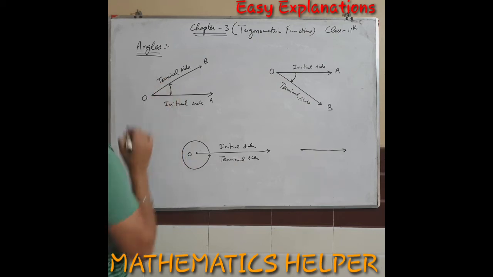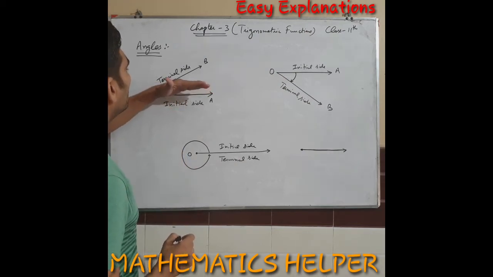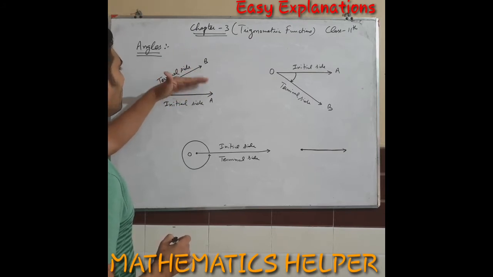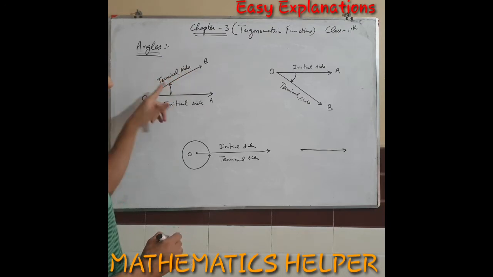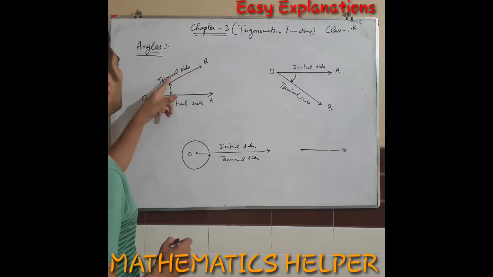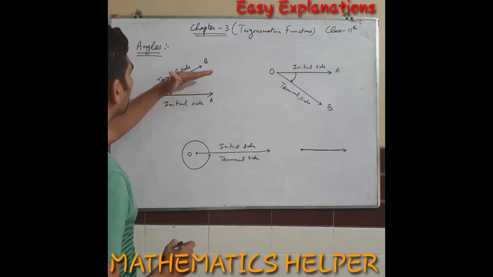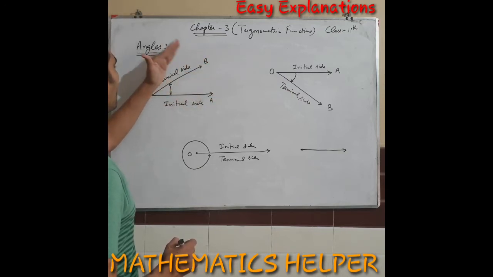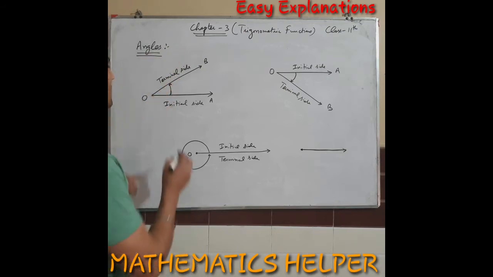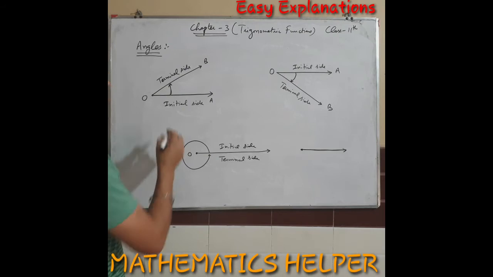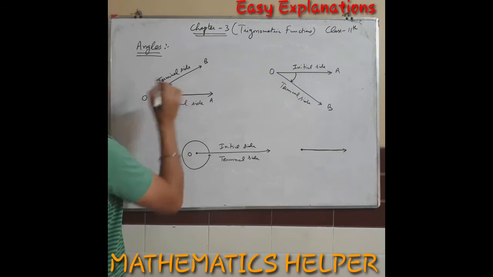And the ray number 2, which is forming the angle with the initial side, is called the terminal side. So I mark the terminal side on this ray number 2, which represents the direction of the angle. In this terminal direction we have our angle, and on this side we marked an arrow. Arrow means direction of the angle.